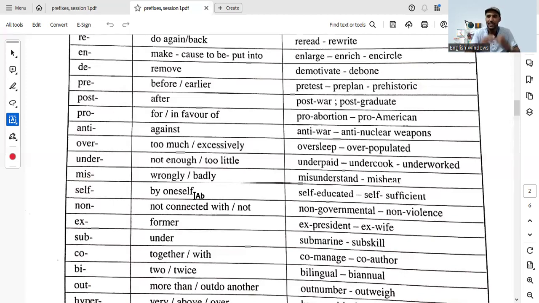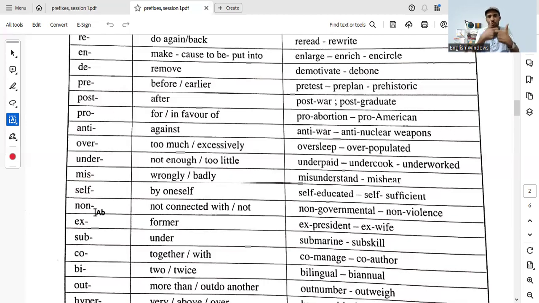Self-sufficient means depending on oneself. Morocco is self-sufficient when it comes to tomatoes and oranges, right? It doesn't need to import citrus or tomatoes, it has self-sufficiency in these products. That's self-sufficient, right?